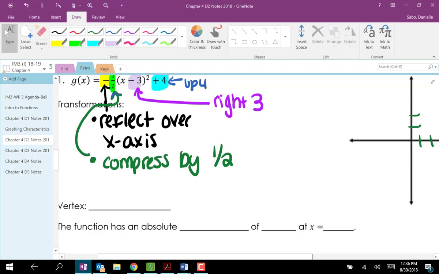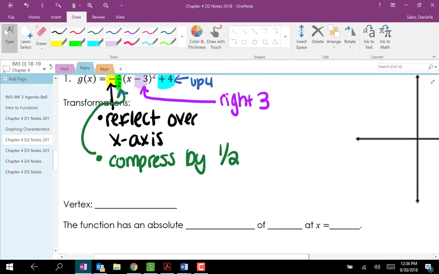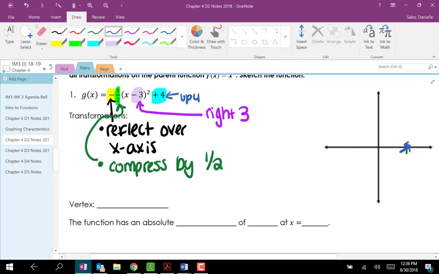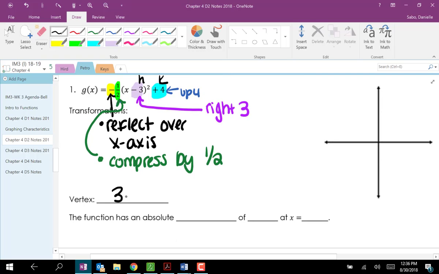Okay, so with that said, you can find your vertex. In vertex form, it's just HK. Now, remember, HK is just right here, 3, 4. That's your vertex. Or, you can think of it this way, and this is how I was showing them last period too, and they liked it like this. When we go to sketch your graph, it's going to tell you what your vertex is.